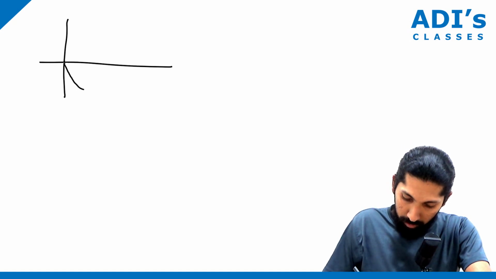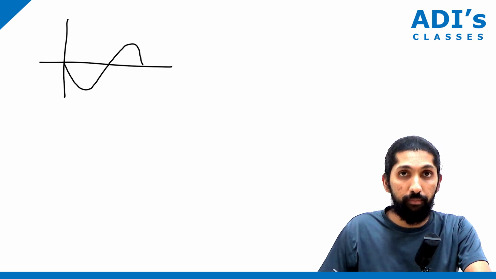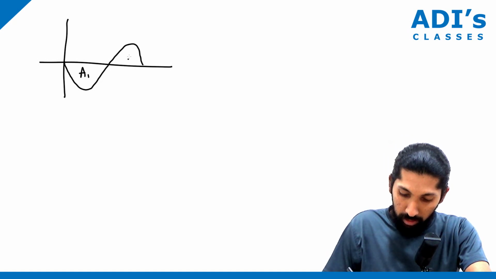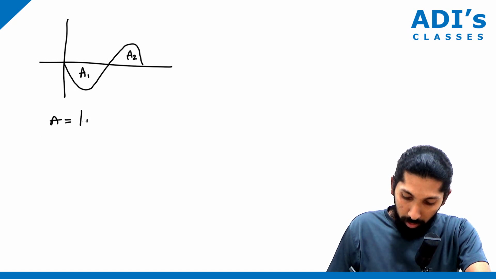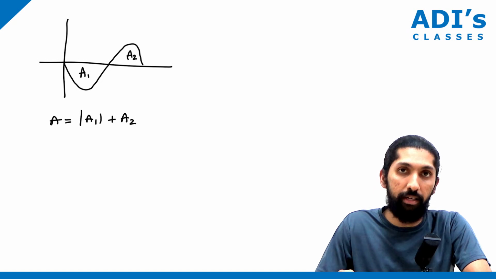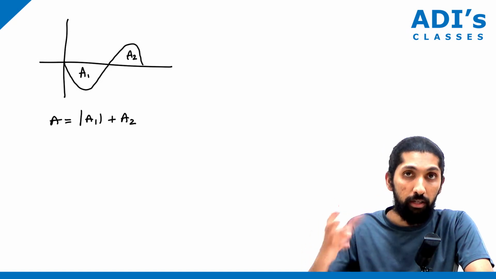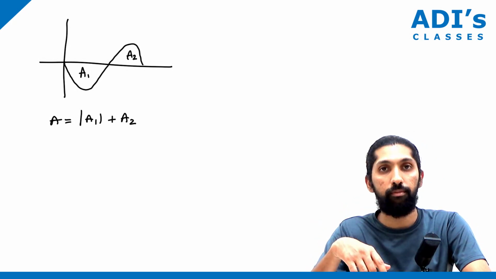Assume that the graph is like this, and you need to find the full area. Now, say this is A1, say this is A2. Then we find A is equal to mod of A1 plus mod of A2. That means area can't be negative, quite obvious. So we add the areas to find the total area of the graph.